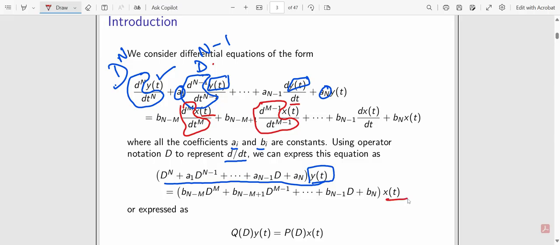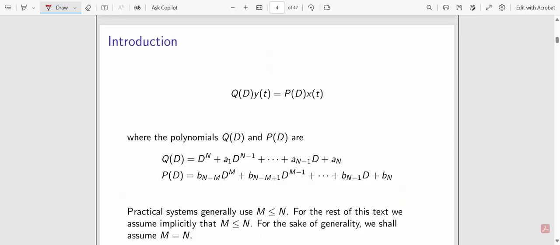Taking x of t common, we can write D raised to the power m, D raised to the power m minus 1, and so on. Obviously here m will become equal to n, so we can express this as the polynomials Q(D) y of t equals P(D) x of t.